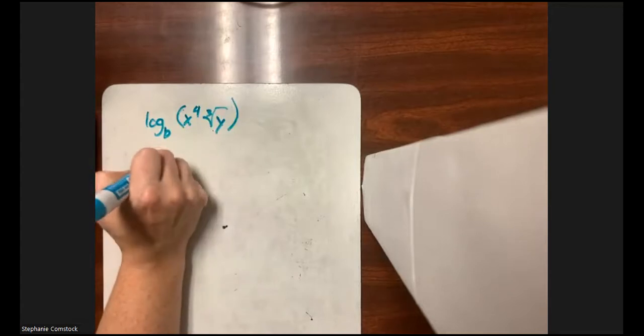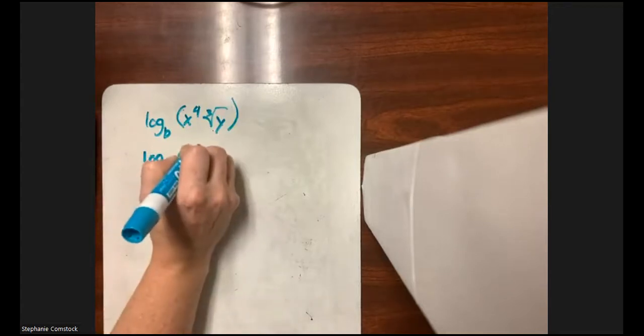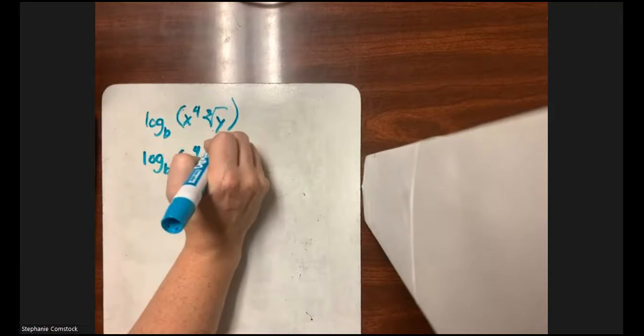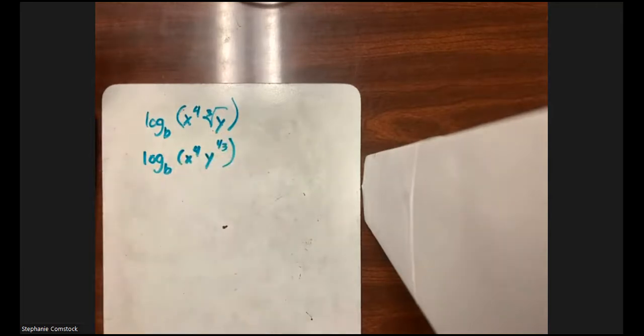The first thing I'm going to do is pull that as a 1/3 power. There is an expectation that any roots that you see will be pushed as powers so that you can actually do a full expansion. Now then, first thing is, do I have any fractions?